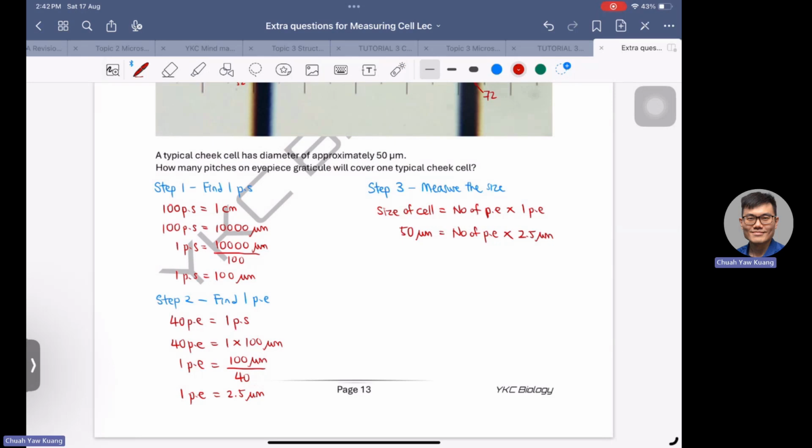So that means that 50 micrometer divided by 2.5 micrometer equals to number of pitch of the eyepiece reticule. Okay, so with that, number of pitch of the eyepiece reticule that will cover this one cheek cell equals to 20. Okay, because 50 divided by 2.5, yeah, so it is 20.